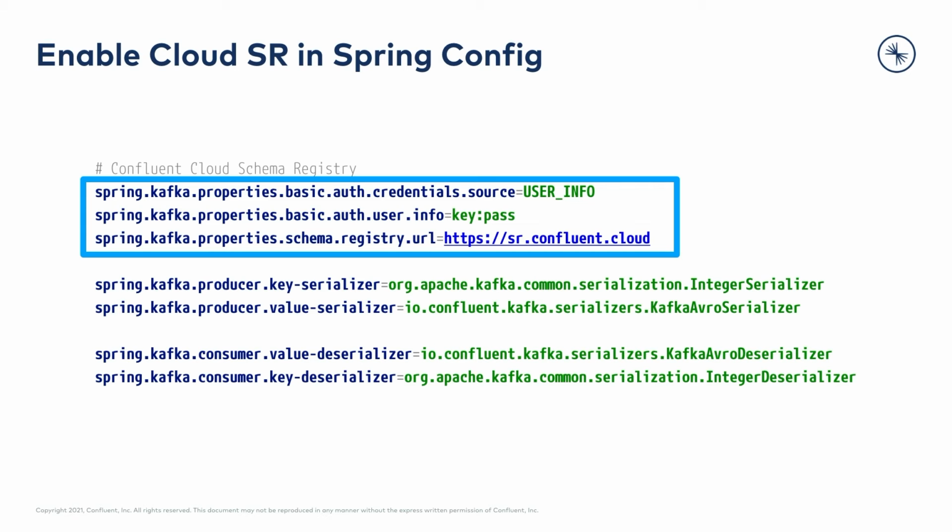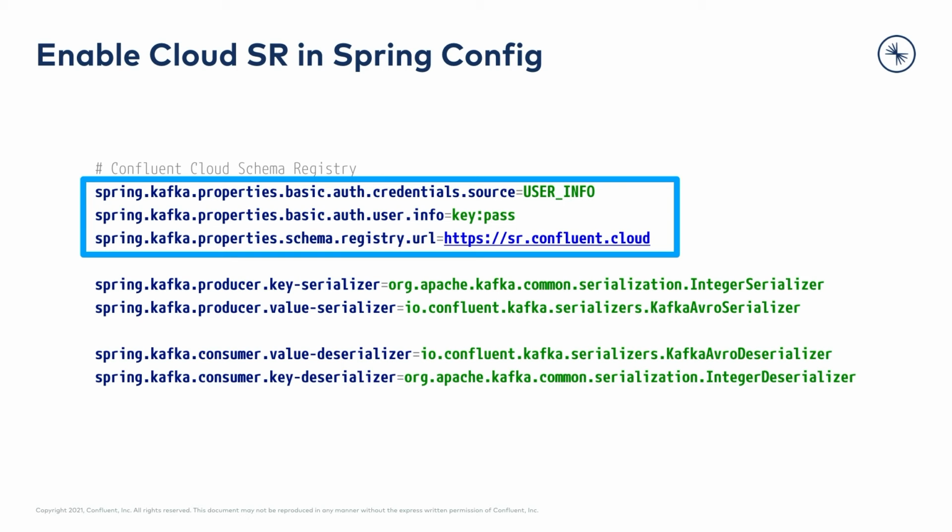So these three things will be important. First of all, it's going to be our schema registry URL configuration, which will include username and password, and some additional parameter that will tell the client, the REST client, how to perform this authentication.